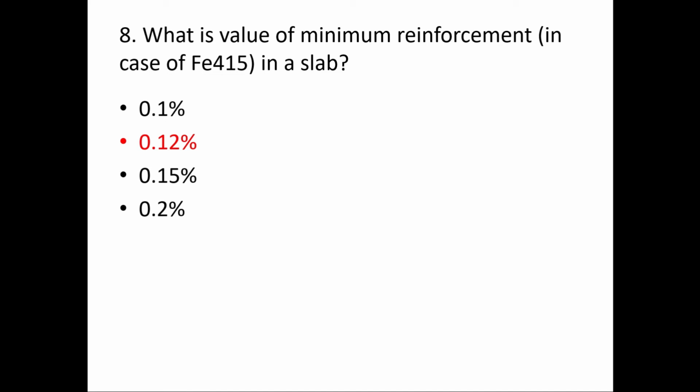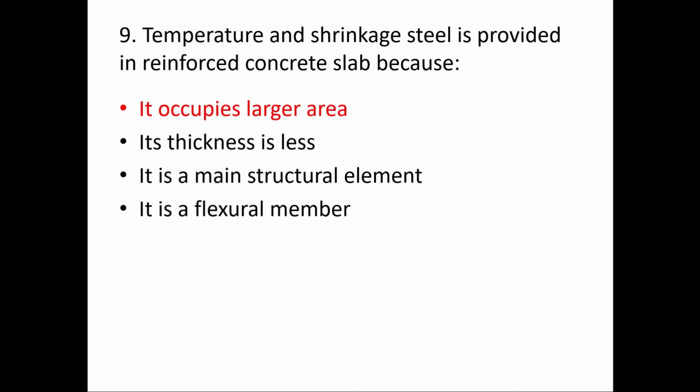And if we are having Fe415, that is our case, then 0.12% is the minimum reinforcement. So option B is correct for Fe415. Minimum reinforcement is 0.12%, or for welded wire fabric, we are also having a minimum reinforcement of 0.12%. So option B is correct for Fe415 type of steel. So move on to the next question.